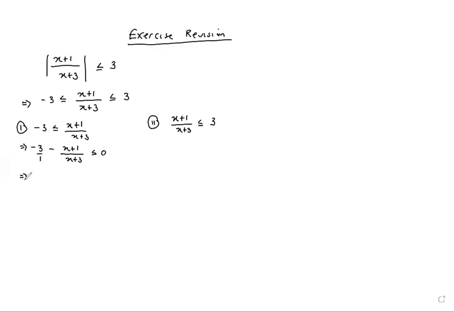Over 1 there, of course, so that we get (x plus 3), and then -3(x plus 3) minus (x plus 1) less or equal to 0, giving us -3x minus 9 minus x minus 1 over x plus 3 less or equal to 0, so that we get -4x.